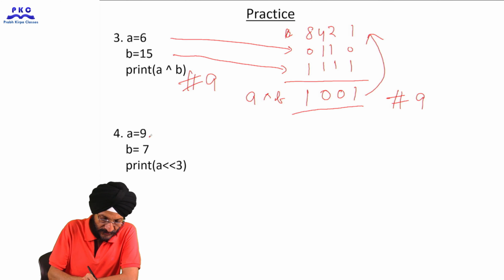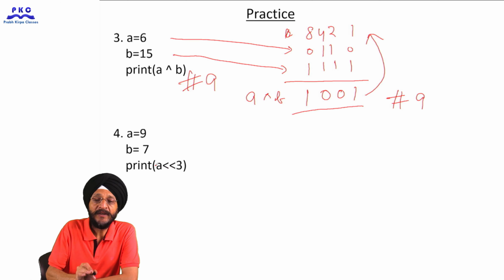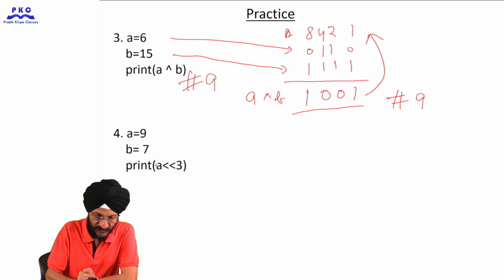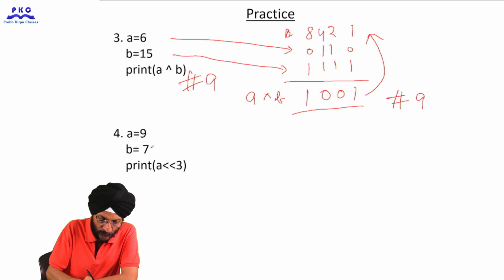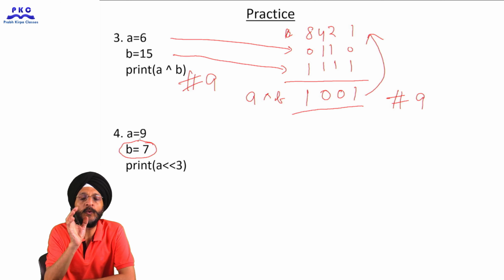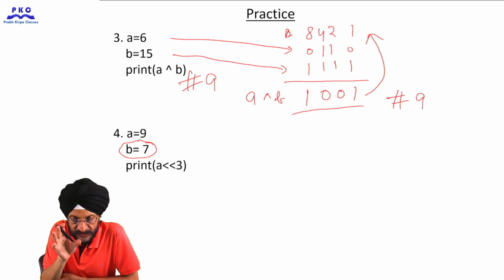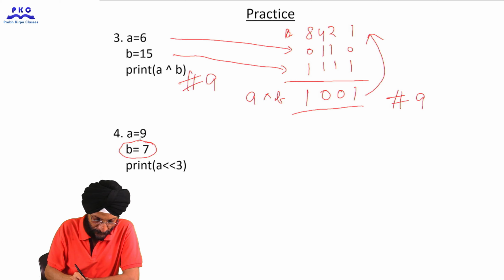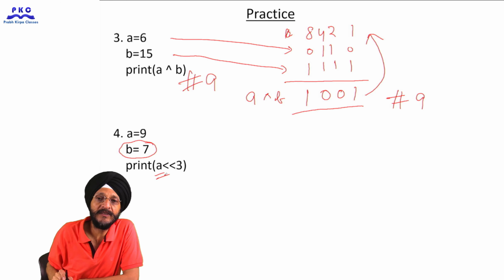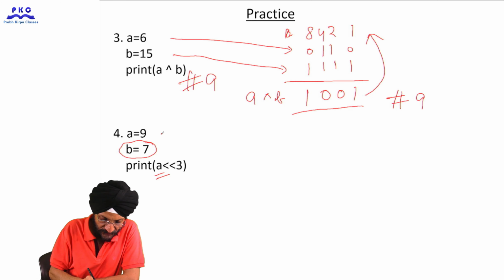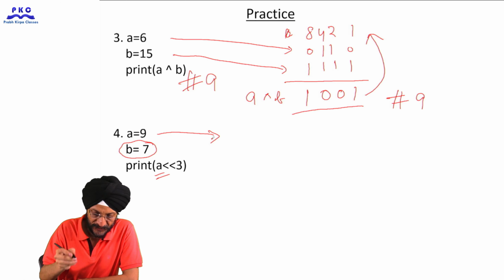So in the fourth question, it is given A is equal to 9, B is 7, print A bitwise left shift 3. Here the value of B has been given only to confuse us. There is no need of this value because we are concerned only with A. We will convert 9 into individual bits.